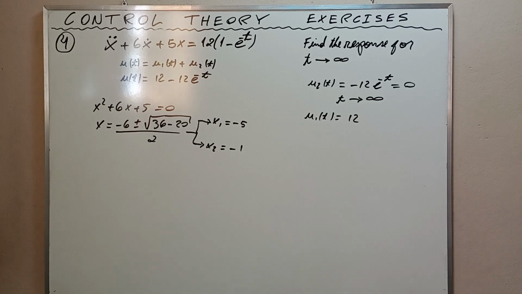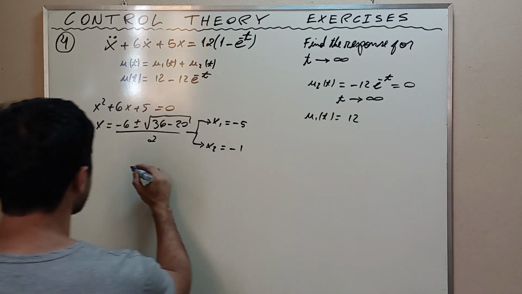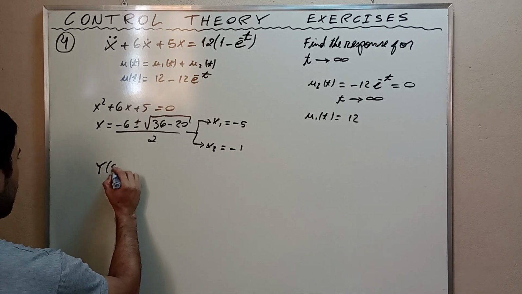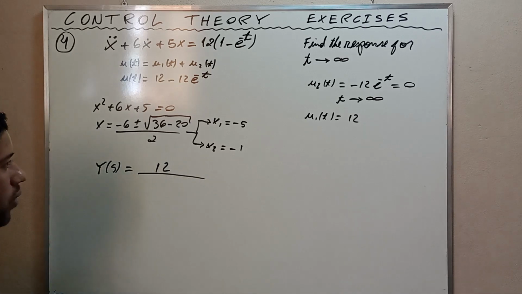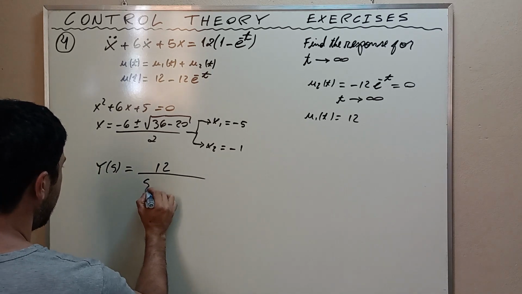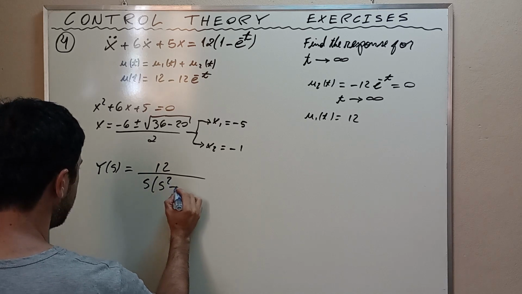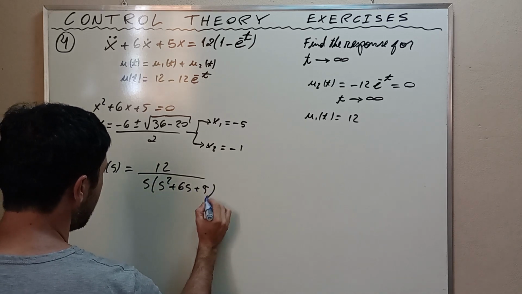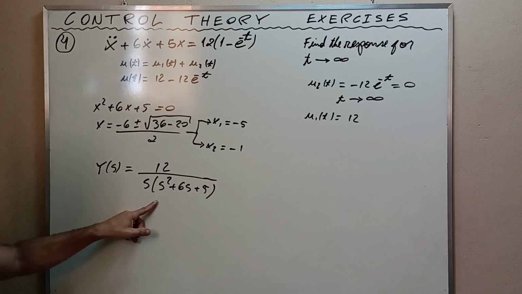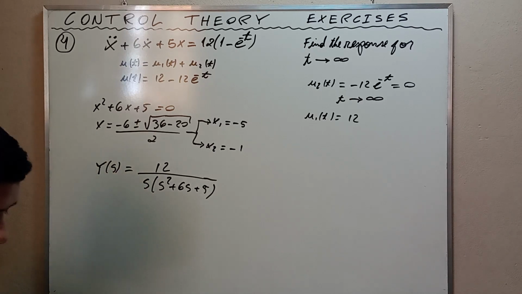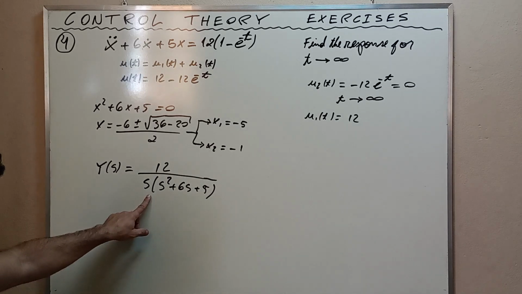The Laplace transform output of the overall system due to a step of 12 units is Y(s) equal to 12, the step of 12 units, divided by s squared plus 6s plus 5. Okay? We are working with this equation here. And the Laplace transform output of the overall system due to a step of 12 units is this.